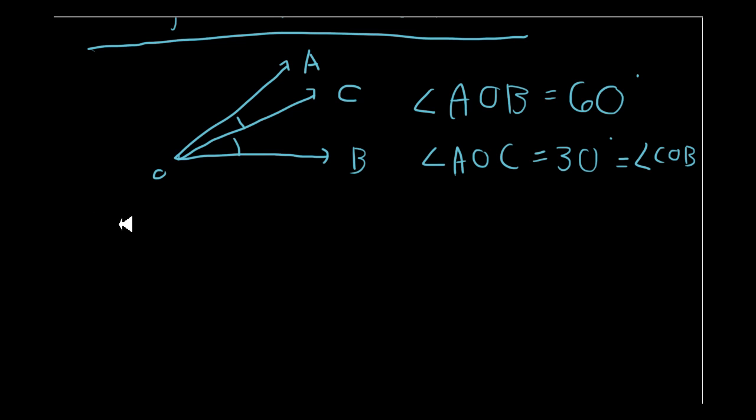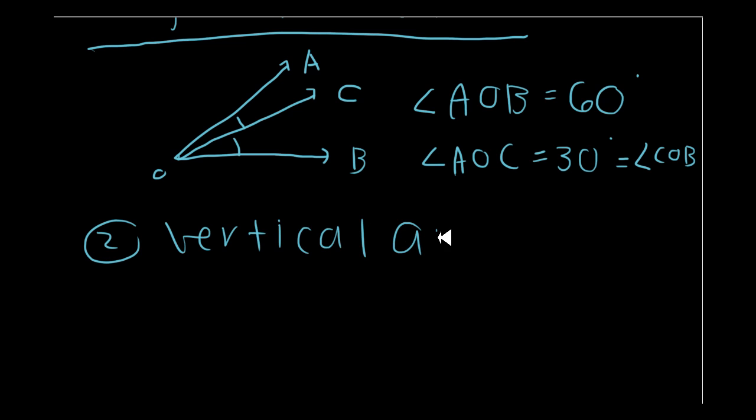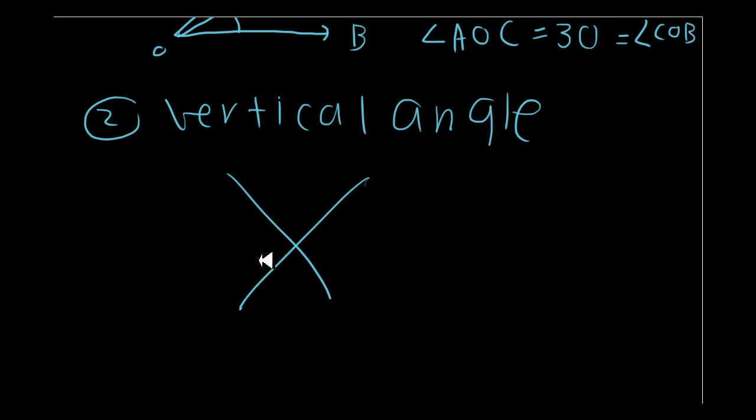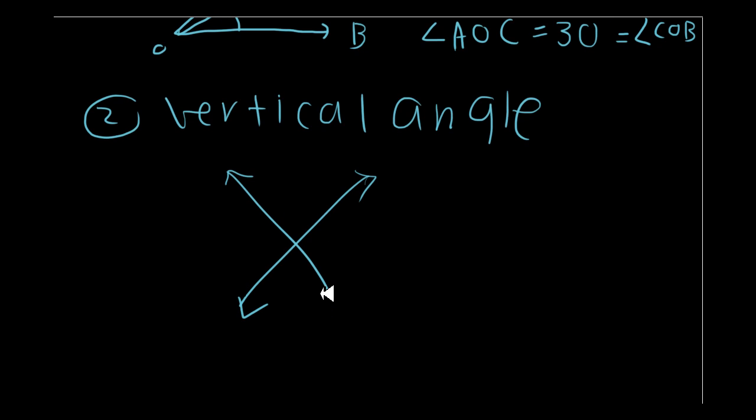And let me teach you what a vertical angle is. Now let's say I have two intersecting lines, like cross, cross. And I don't tell you anything. I just tell you that this is A and this is B, and the point in the middle is O. What can you say about these two angles?